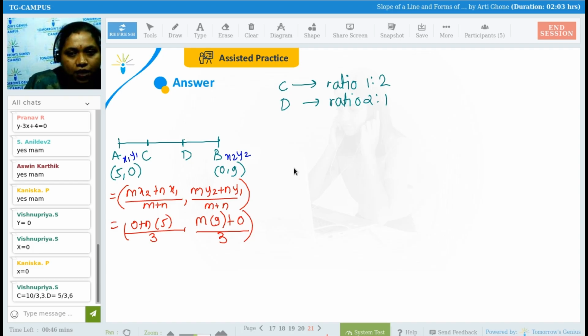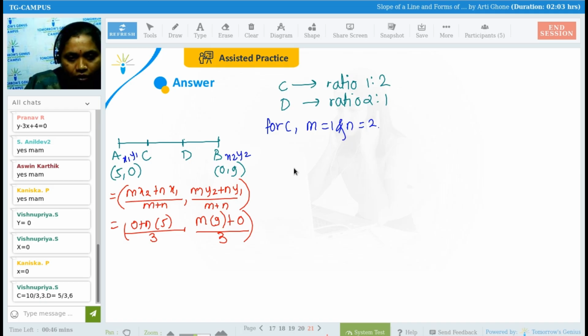Good. So basically, for C, m is equal to 1 and n is equal to 2. So put in this equation. I just got the general equation for you all. For C, m is 1 and n is 2.